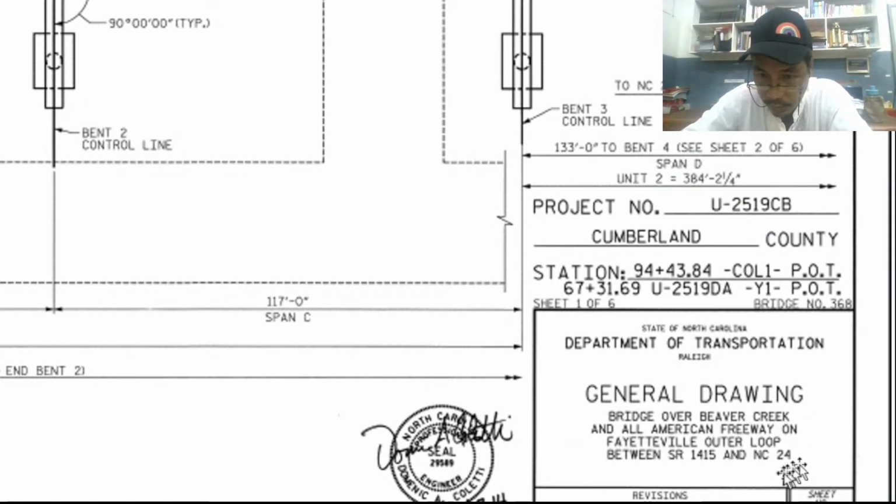Between SR, I think this is a major road name, 1415 and NC 24. These are names of roads. I think this is North Carolina Road 24. Something like that. So those are what we mean.